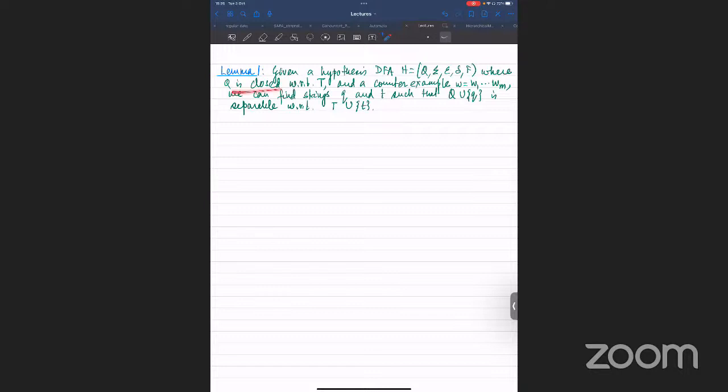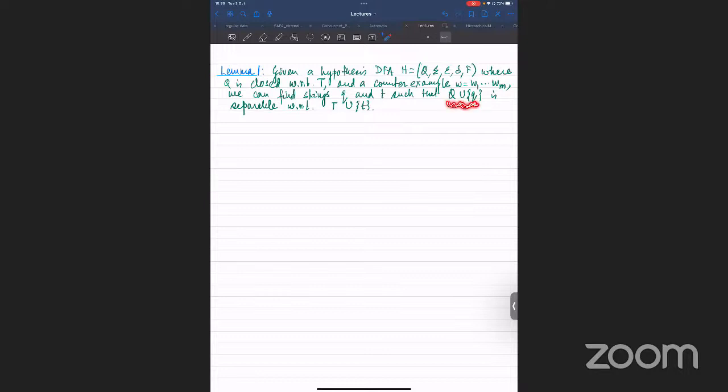So if it was closed and you have a counter example, then we can find strings q and t such that Q union q is separable with respect to T union t. Right? So what does separable mean again?